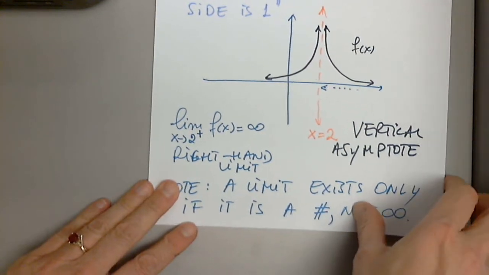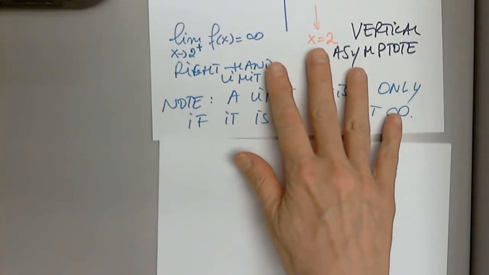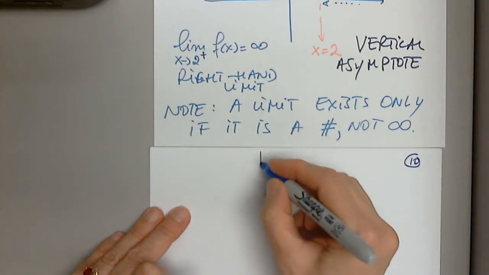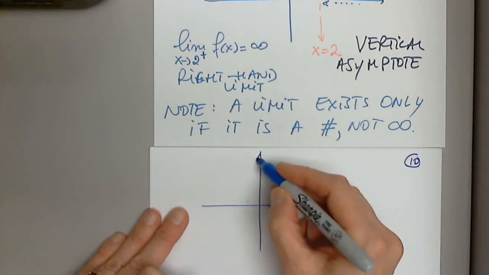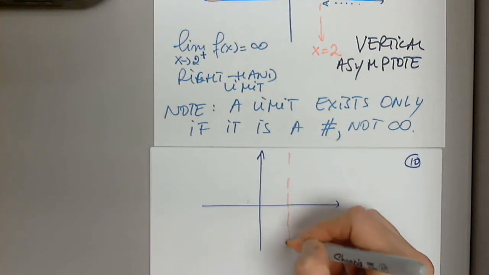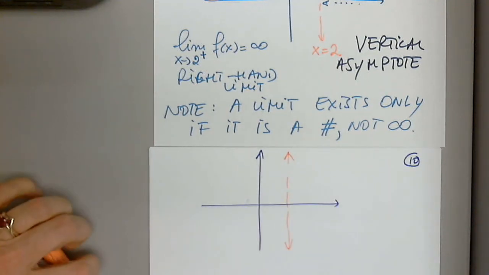Final graph, and I'll stop. I want to graph same thing, same vertical asymptote, but here is the graph now.